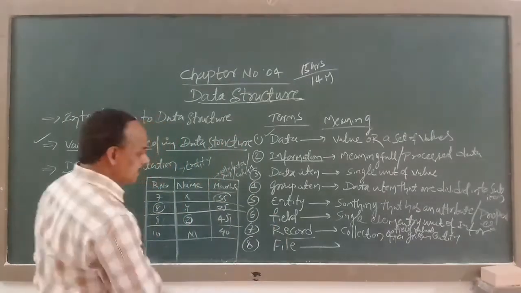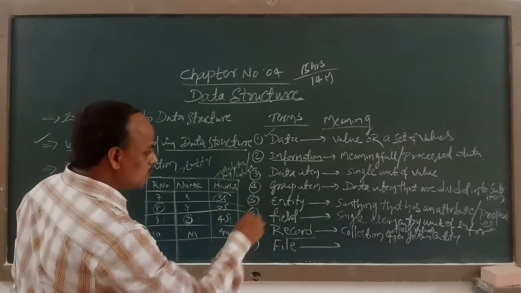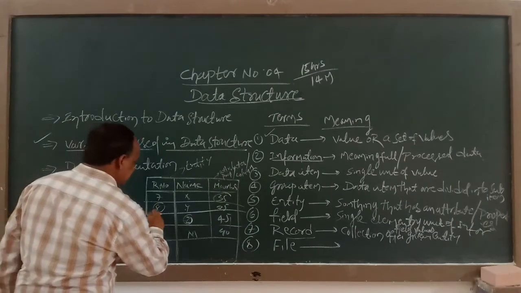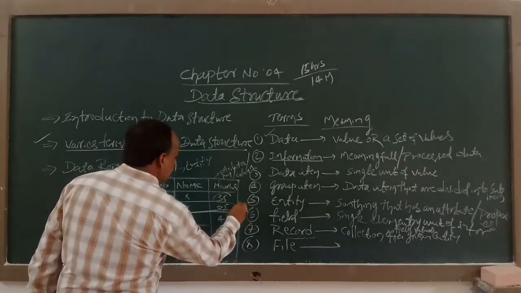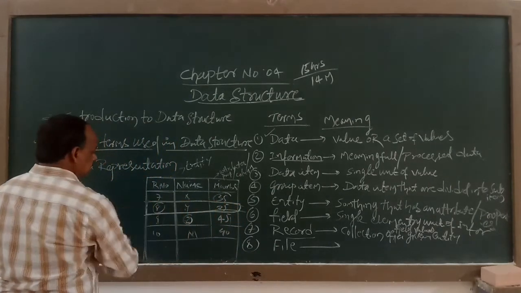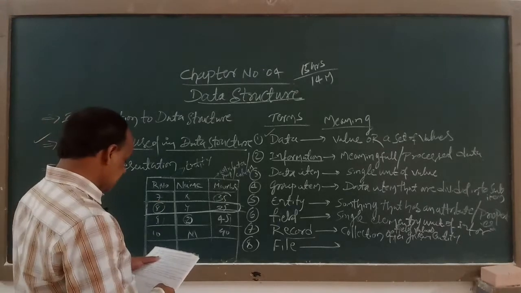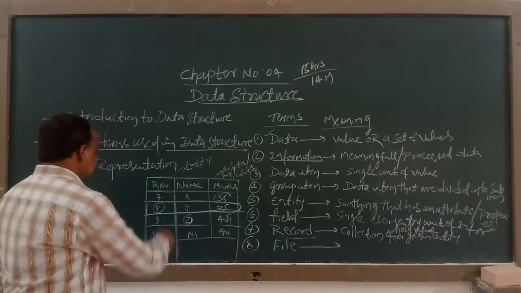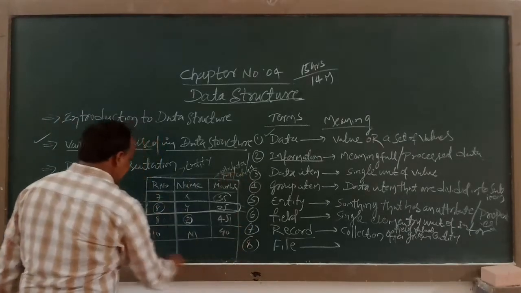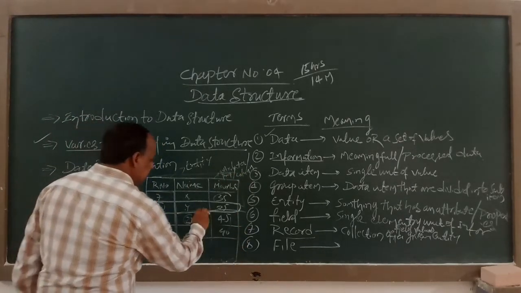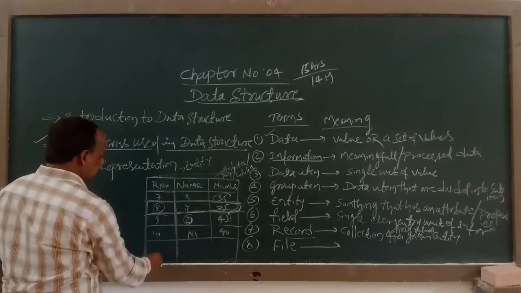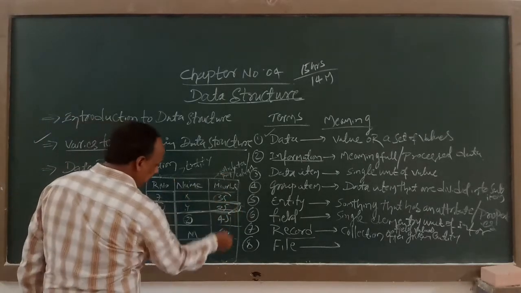For example, see here, a collection of field values of a given entity. Suppose you consider 8y and 25. So overall, this is called an entity. This is nothing but a collection of field values. This is one field, this is another field, this is another field.